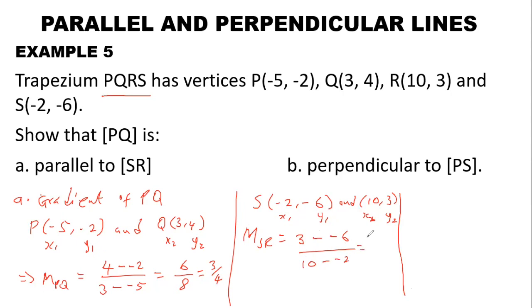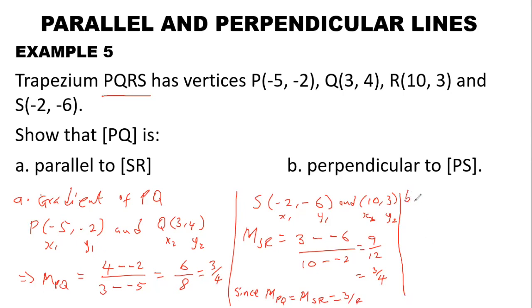This is 9 out of 12 and can be simplified to 3 out of 4. So since the gradient of PQ is the same as the gradient of SR, which is 3 out of 4, it means that the two lines are parallel.